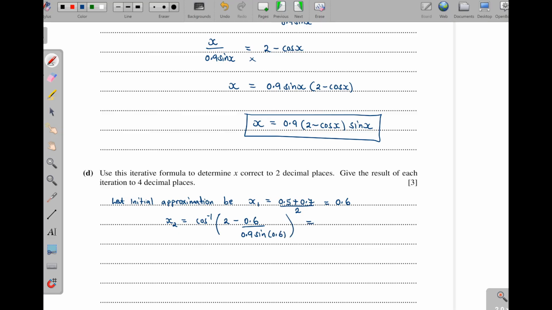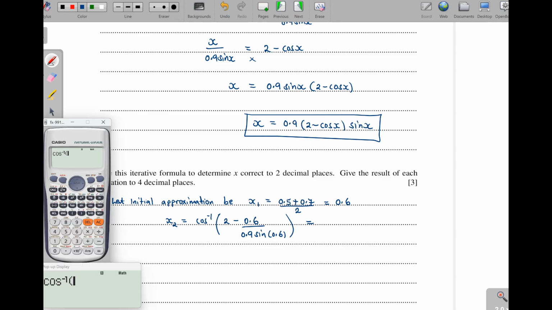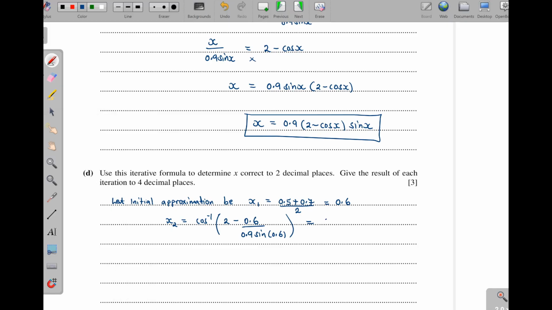So what do you get here? Remember, your calculator has to be in radians. Arc cos of 2 minus 0.6, then we divide by 0.9 sine of 0.6. So you have 0.6106.